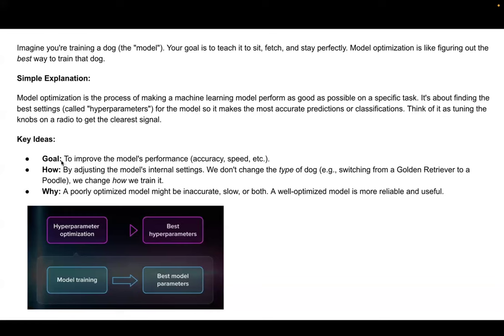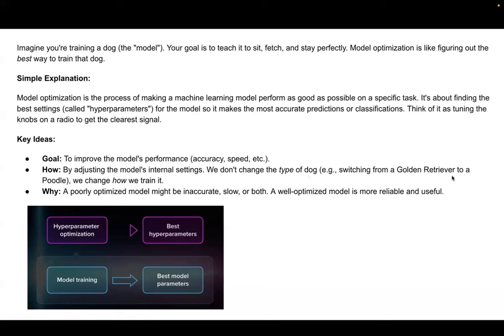What are the key ideas? The goal is to improve the model performance, the speed at which it learns, the accuracy with which it predicts. How do we do that? By adjusting the model's internal settings called hyperparameters. So we don't change the type of dog that we are training. We try to change the trick.